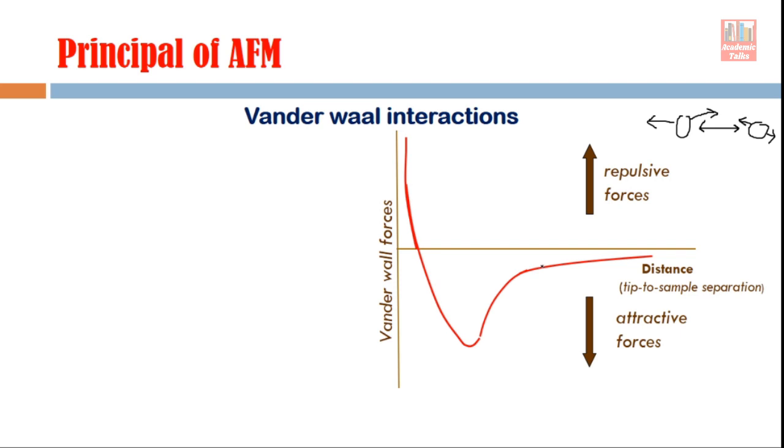When the gap is significant, at that time there are attractive forces, and these two bodies attract each other. But when the gap between these two bodies becomes very small, the strength of the attractive forces starts decreasing, and at a particular distance repulsive forces start existing between the bodies, right?